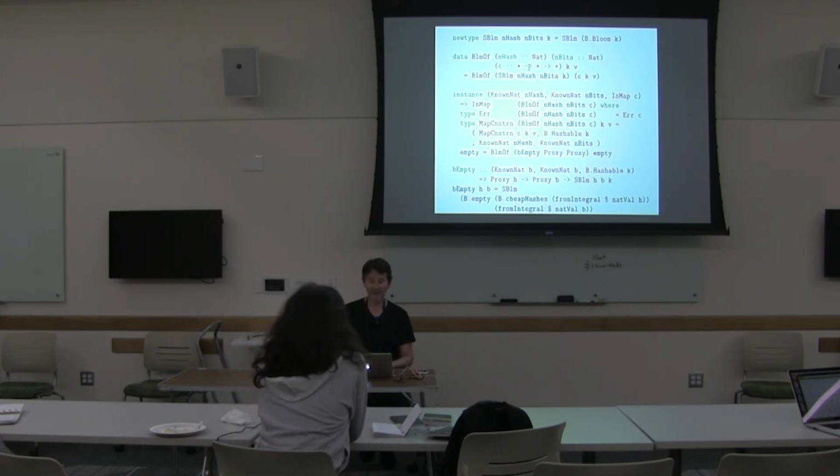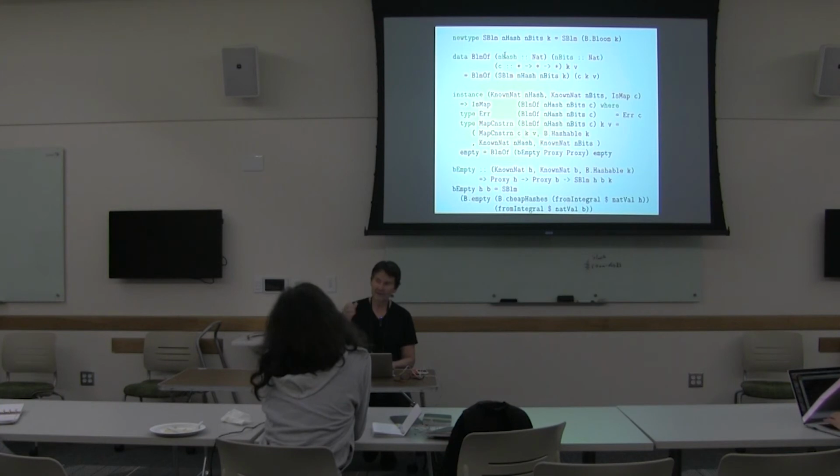But I've added two constraints here, two types, saying that N hash is a natural number. A natural number is the kind of these types. So it's basically saying if you give it a 10 there, 10 is a type. If the number of bits here is 8096, that becomes a type. You'll see how those get used later.